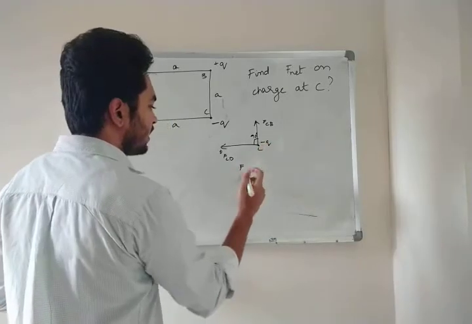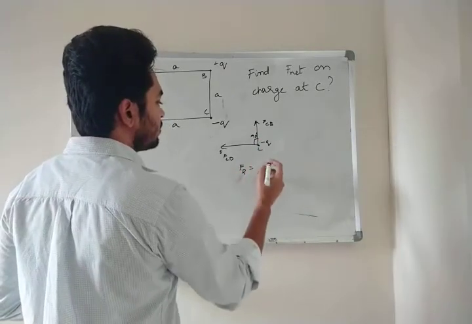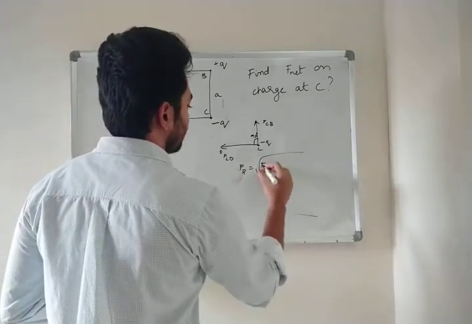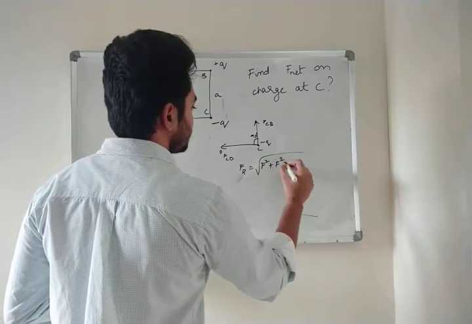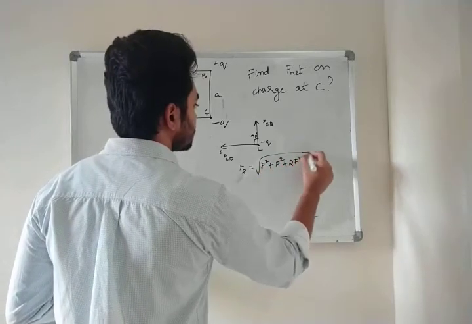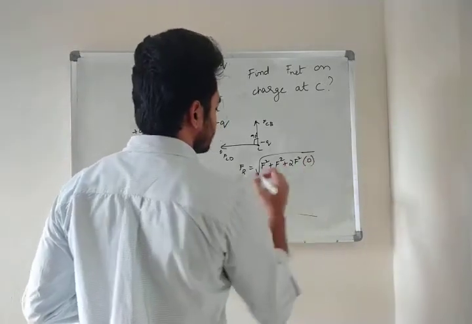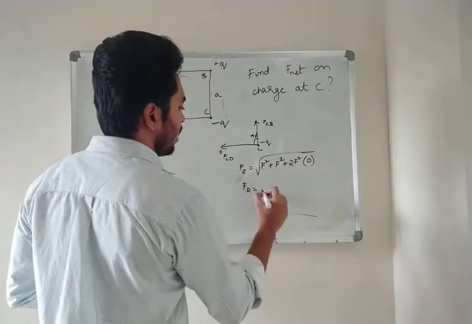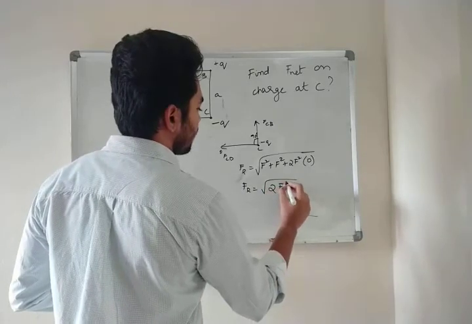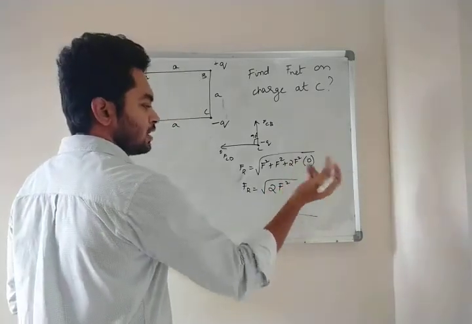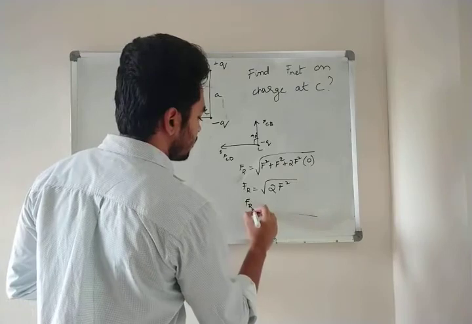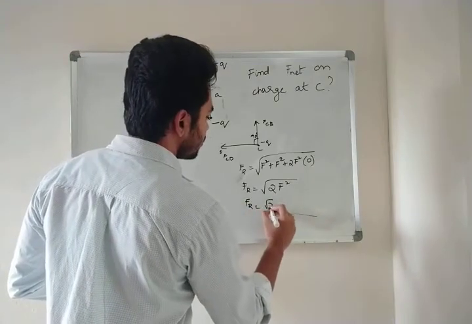For now I'll write FR. FR is equal to resultant, under root F square plus 2F square cos 90. What is cos 90? Cos 90 is 0. So FR is equal to under root 2F square. 0 into anything, it is 0. So FR is equal to root 2F.